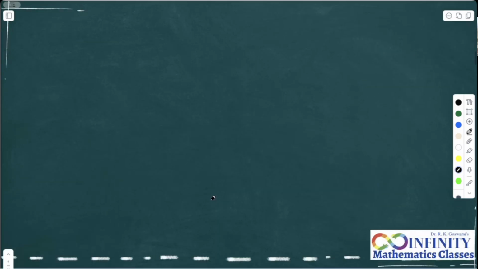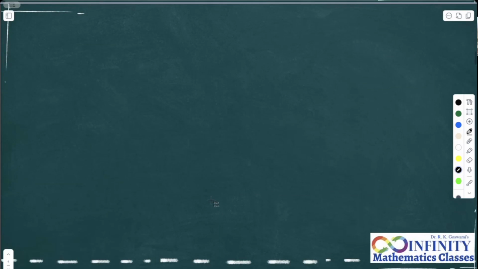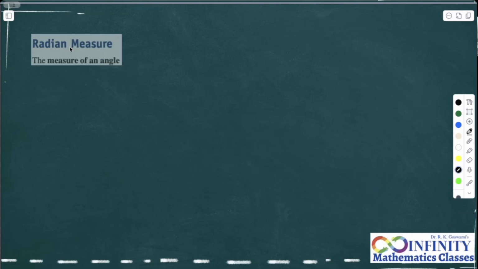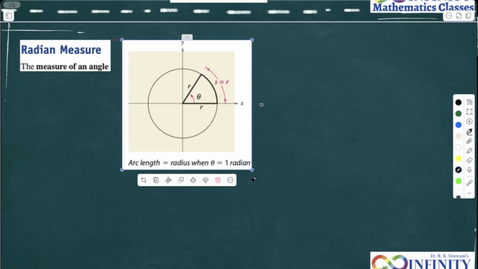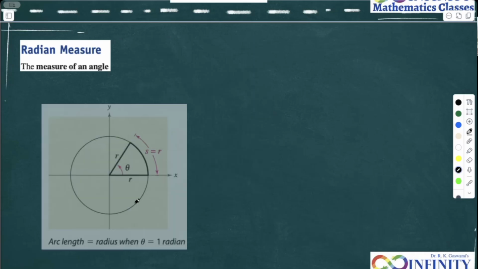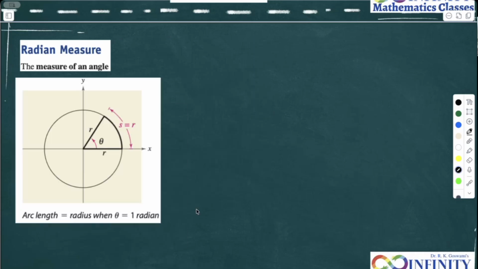Next, measurement in radian. This is going to be something very important, and we are going to focus on this. Let me just try to help you there. Try to consider the figure. If you look at the figure carefully, just suppose it is a unit circle.